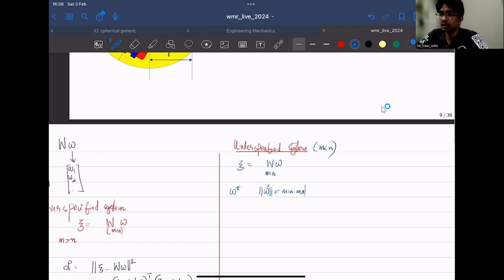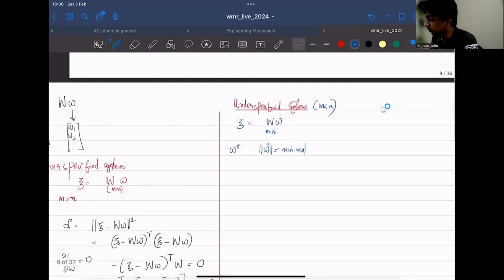And minimal norm means the solution that requires the least amount of actuator effort. You could basically interpret it as such. So the solution which requires the least effort from the actuators could be considered the minimal norm solution. That is why we mostly stick with the minimum norm solution.